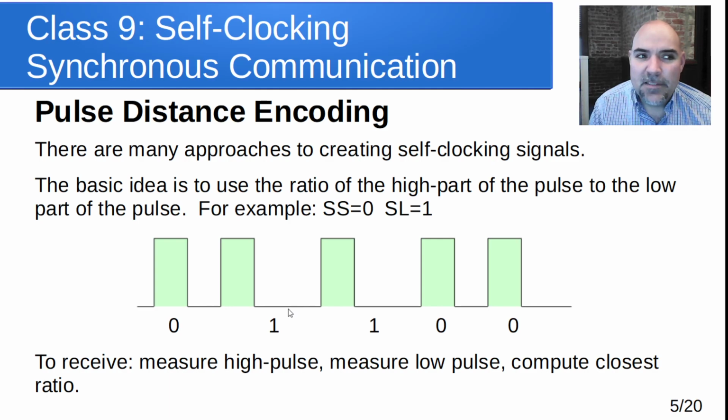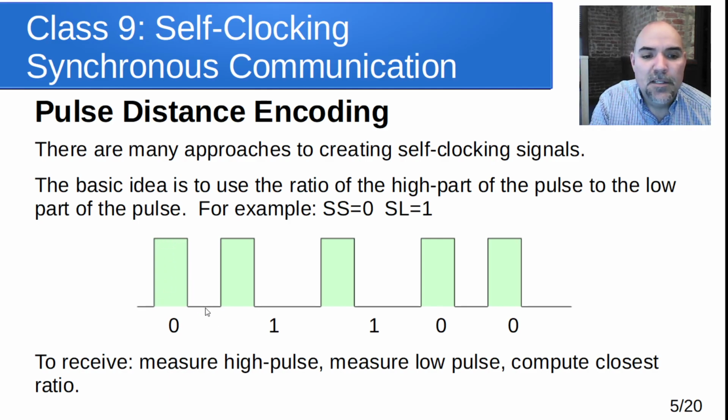It's not time-based like with UART or asynchronous communication, because all we have to do is measure it for one cycle. How long was this high? How long is that low? Hey, they're about equal, it's a 0. The low part is longer than the high part and closer to a ratio of 2, it's a 1. So we could run this really slow.